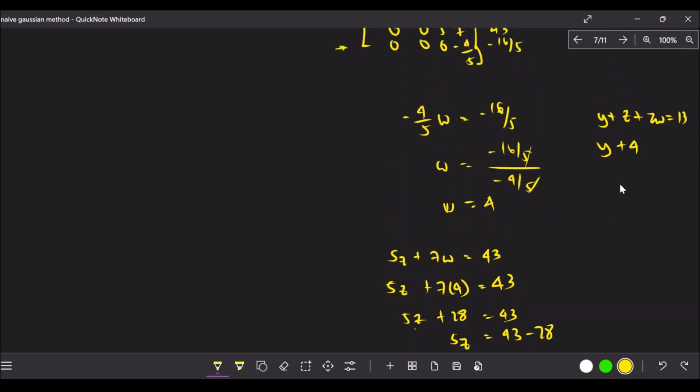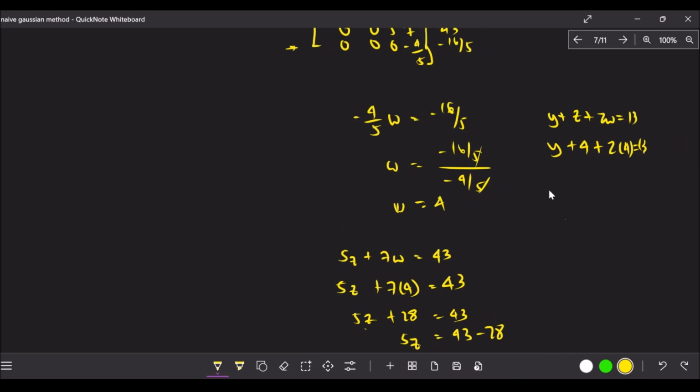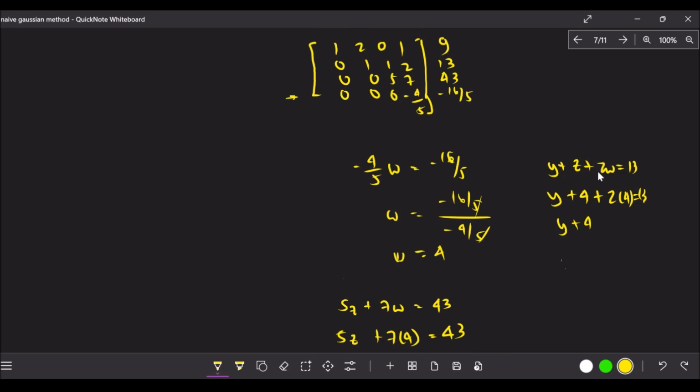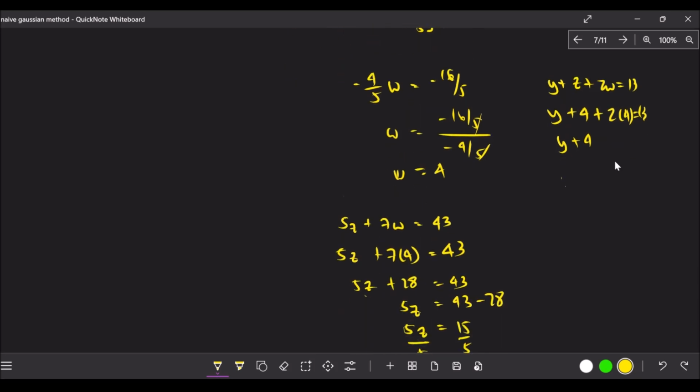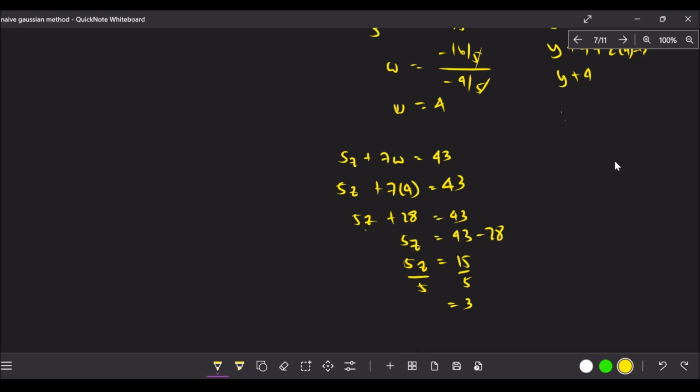So our z is 4 plus 2 times 4 is equal to 13. So we have y plus 4. Okay, so this is not our y, it's our z, and our z is not 4 but 3.